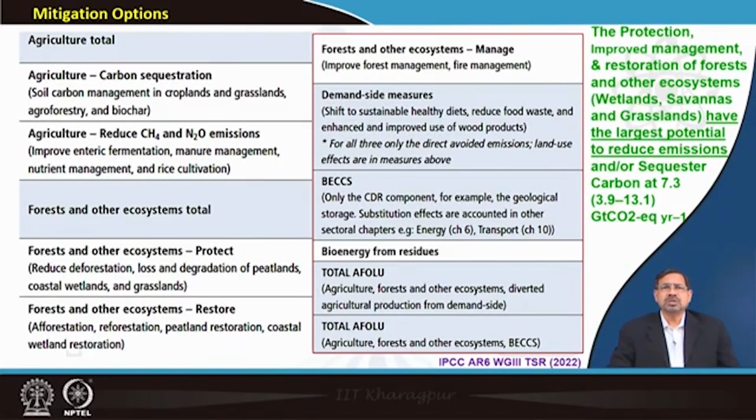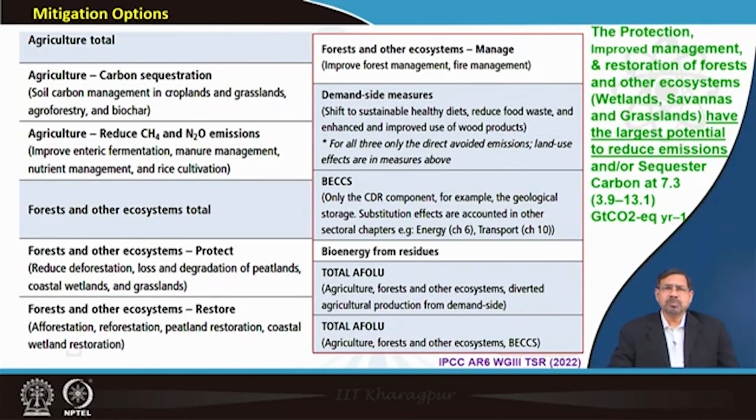Then reduced methane and nitrous oxide emissions. This includes improved enteric fermentation, manure management, nutrient management and rice cultivation. As far as the agriculture sector is concerned, for other greenhouse gases, in terms of the WMGHG, or well mixed greenhouse gases, next to carbon dioxide, methane and nitrous oxide come.